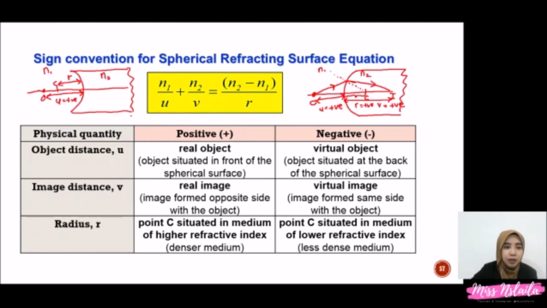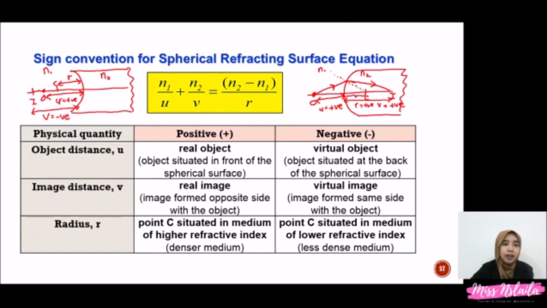After the refraction occurs, let's say the image forms at this side. So this will be V, the image distance. Is V positive or negative? Since the image forms on the same side as the object, the image will be virtual and negative.